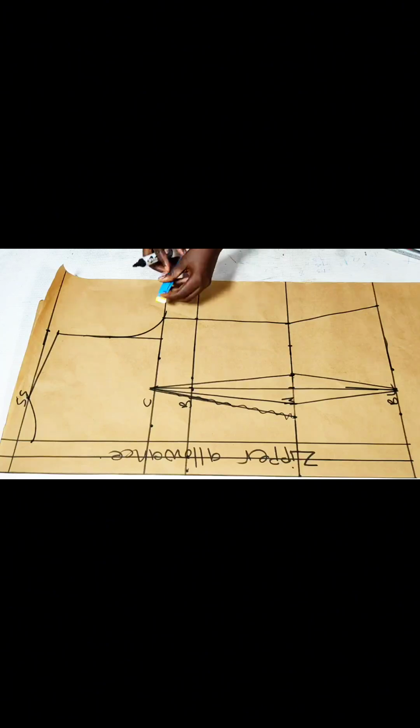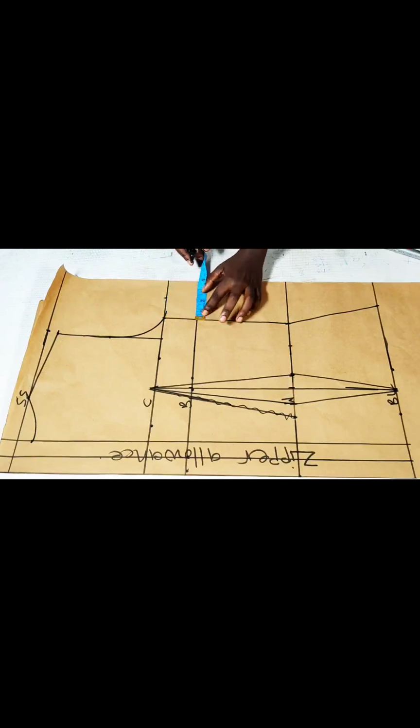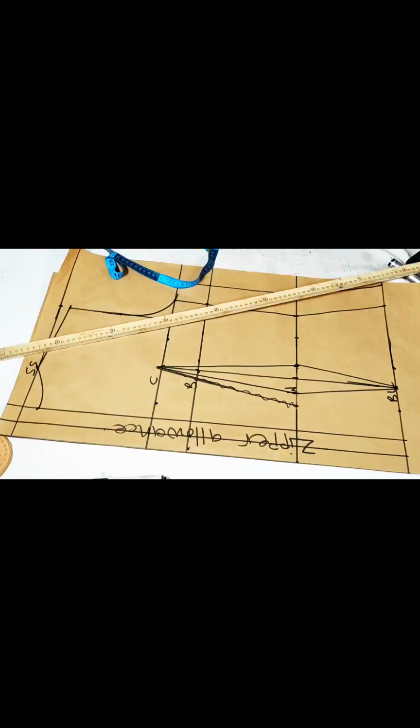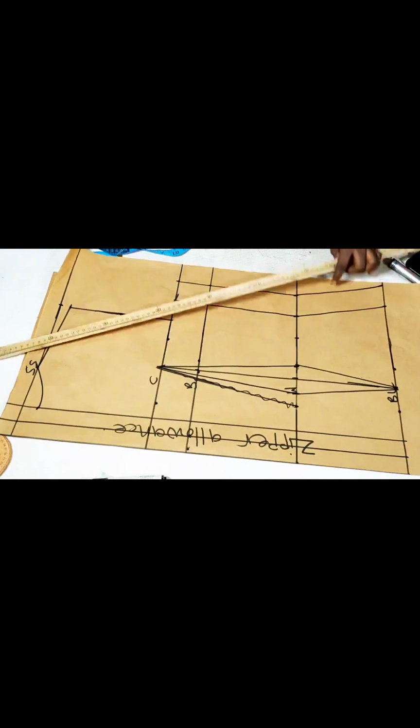It is time to add your allowance. We added 2 inches to the front and we are adding 2 inches to the back as well. So 2 inches, 2 inches. Then after I connected them, you have your back piece also ready.